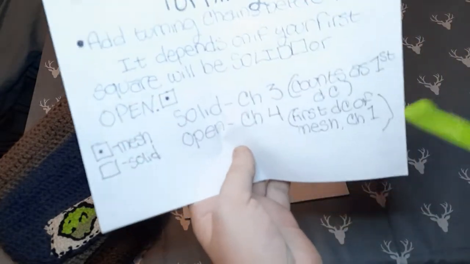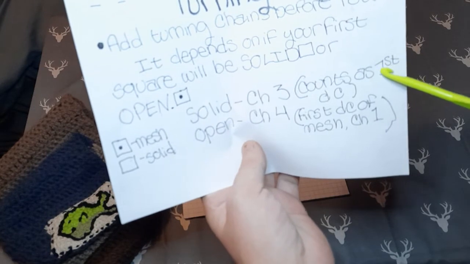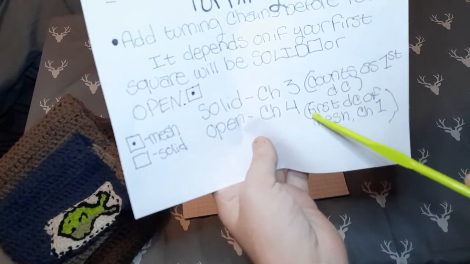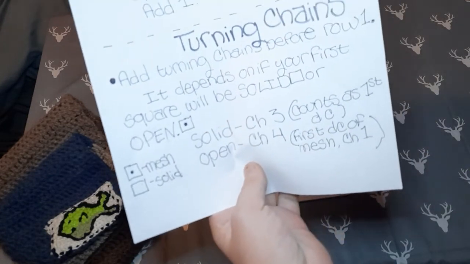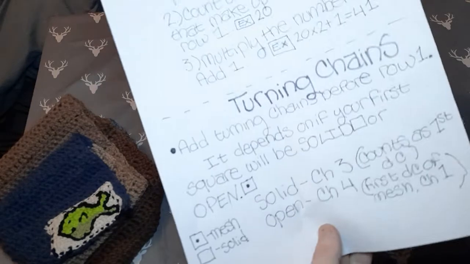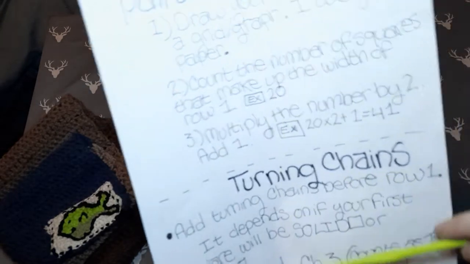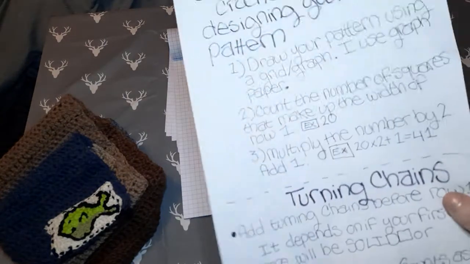And if it's a solid, chain 3, that will count as your first double crochet. If it's an open mesh, chain 4, because it's going to count as your first double crochet of the mesh, and chain 1. So it'll be chain 1, skip 1, that kind of thing. So that will all factor in to how to calculate how many chains you need.